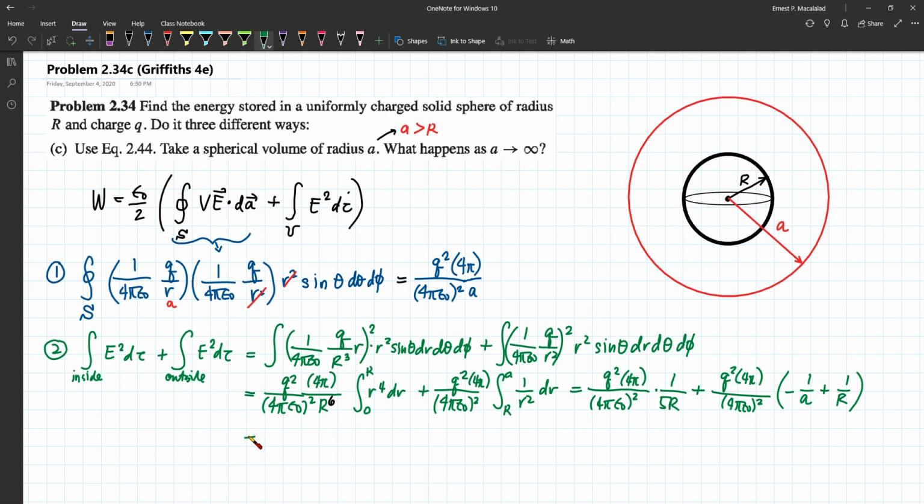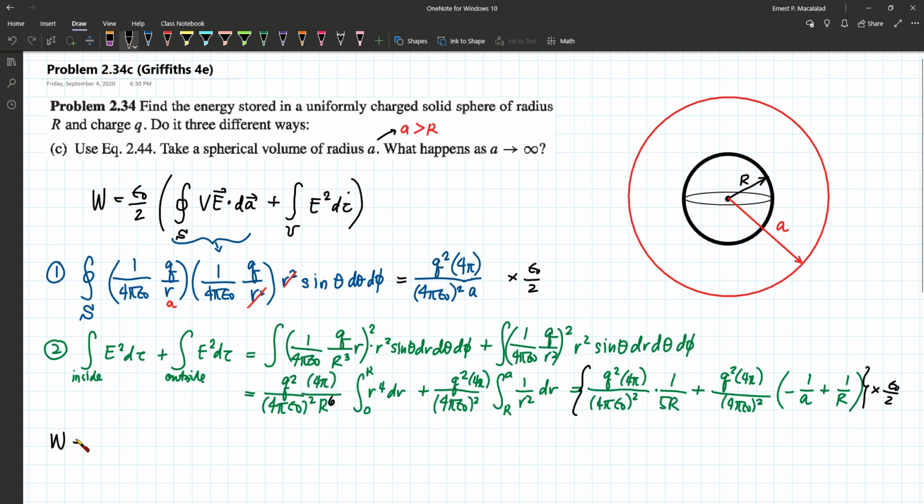Okay, so combining everything, we now have, distributing this here and here. 4 pi epsilon naught divided by 4 pi epsilon naught, so that's 4 pi epsilon naught in the denominator for both, and then there's a 2 below.